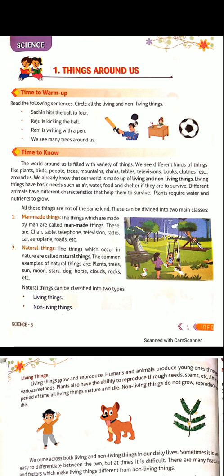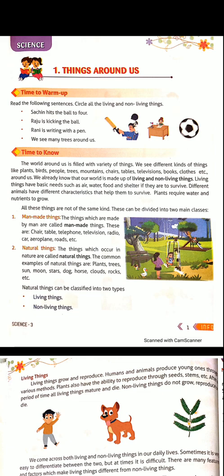The world around us is filled with a variety of things. We see different kinds of things like plants, birds, people, trees, mountains, chair, table, television, books, clothes, etc. around us. We already know that our world is made up of living and non-living things.